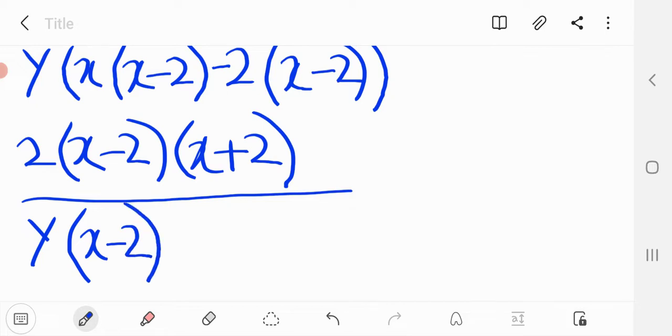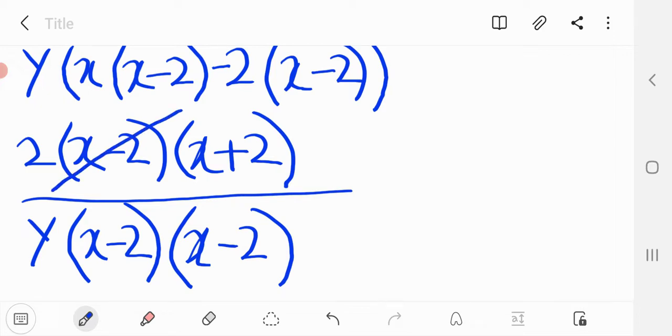And x minus 2, another x minus 2, they both are common. So now we have factors in the numerator and denominator, and the only factor that can be cancelled from both is x minus 2, because the remaining are not possible to be cancelled.